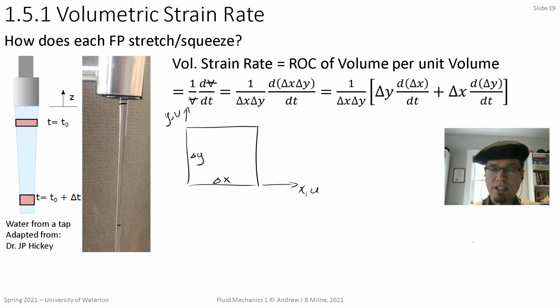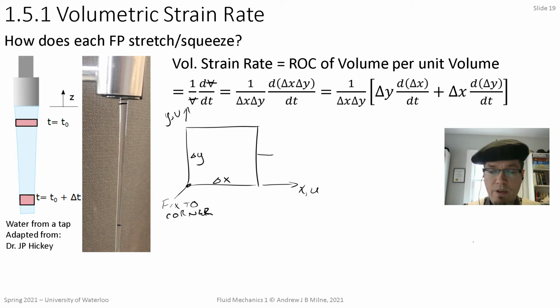Well, if we consider a reference frame that moves with the bottom left corner of this, so let's fix our reference frame to this corner, then if we're traveling with that bottom left point of this fluid parcel, the left face is going to move with some velocity u, and the right face is going to move with some velocity u plus the partial of u with respect to x times delta x.